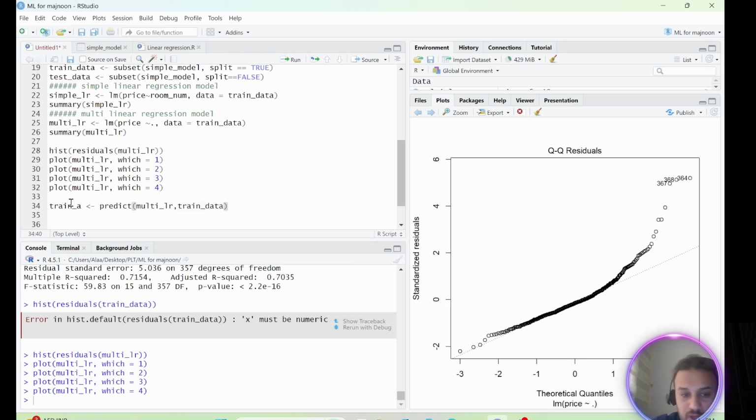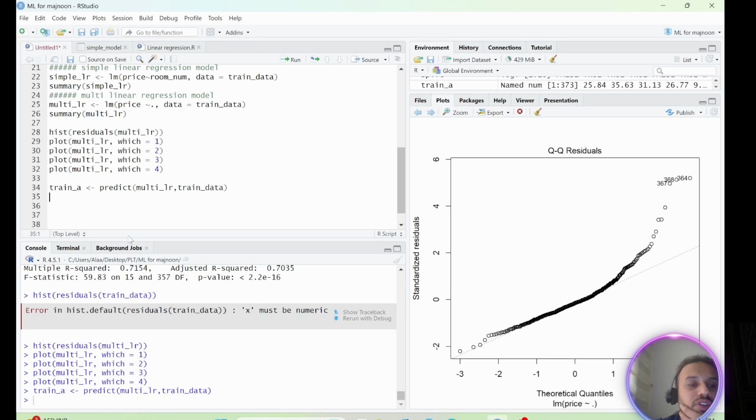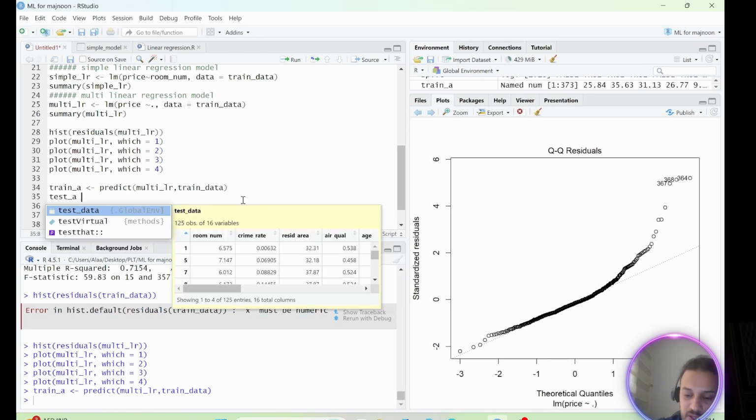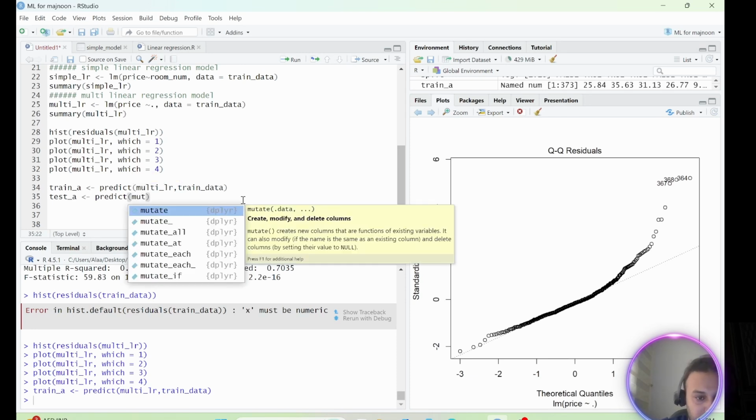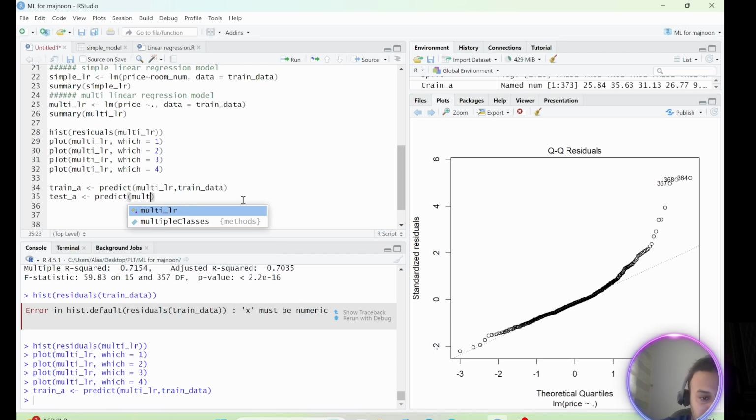What I am doing here is I need my model. I'm going to apply the model that I built to my training data, so I get the y hat, the predicted y, from it. I'm going to do the same with test underscore a equal to predict, with the multilinear regression on the test data.